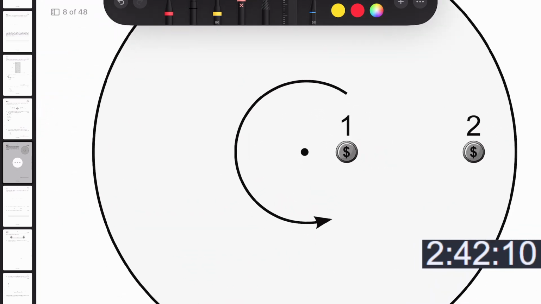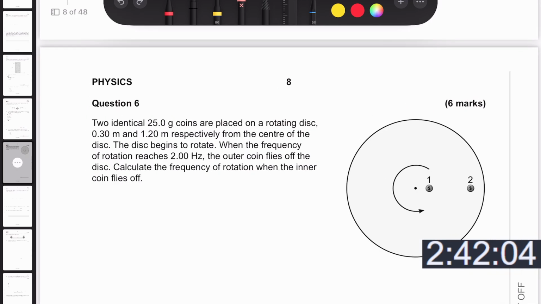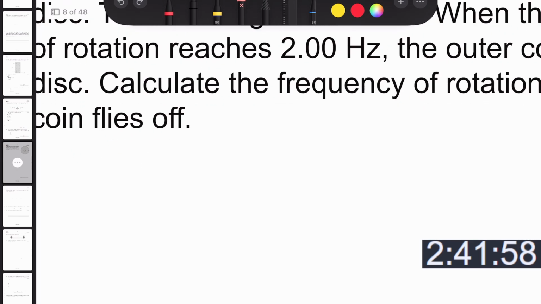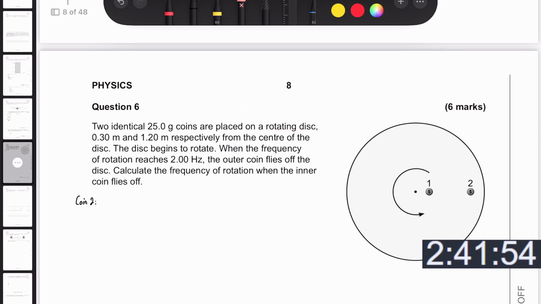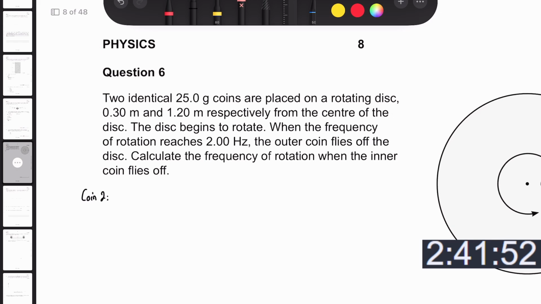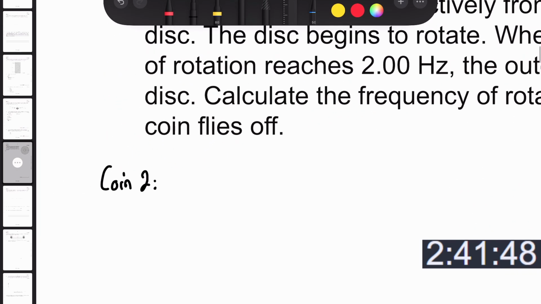So it's going to be some, is it the friction force? Say it's the friction force that holds it in. Okay. So let's say for coin 2, it's reaching 2 Hertz, so T is 0.5.